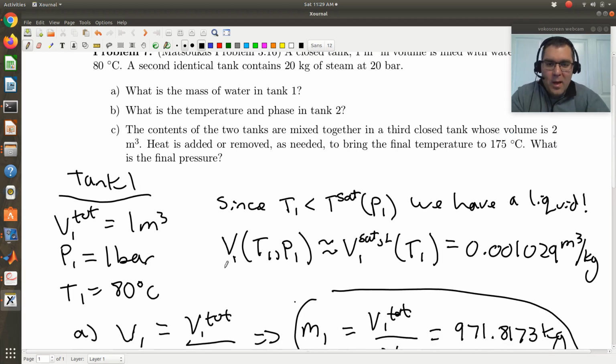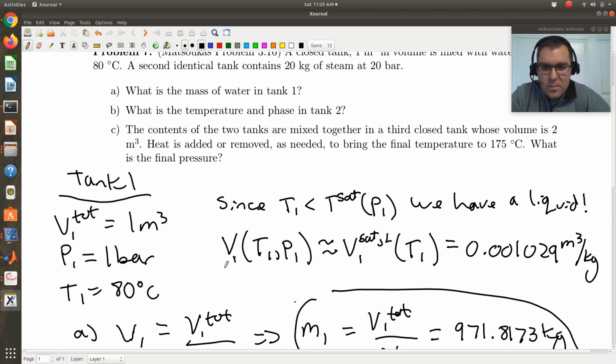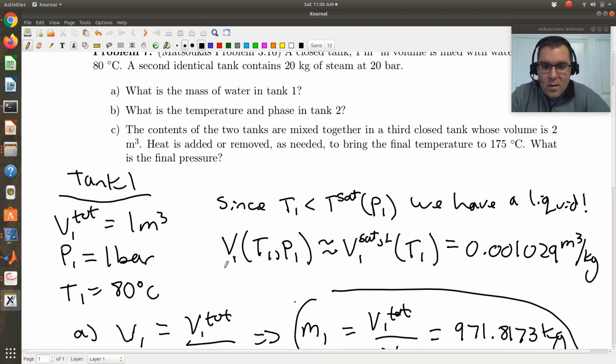I'm going to take that mass and put it in a new tank with a volume of 2 meters cubed. So I should be able to calculate the specific volume of that tank, and I know that the temperature of that tank is going to be 175 degrees C. That should give me two intensive properties, which I can use to fix the state of my system, which I could then use to find P. So let's give that a try and see if it works.